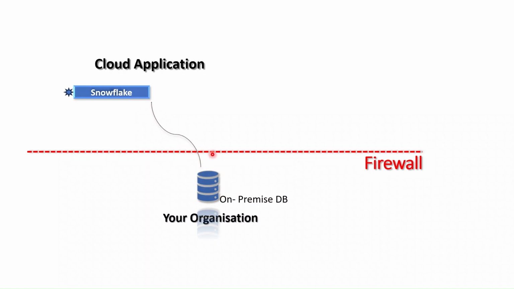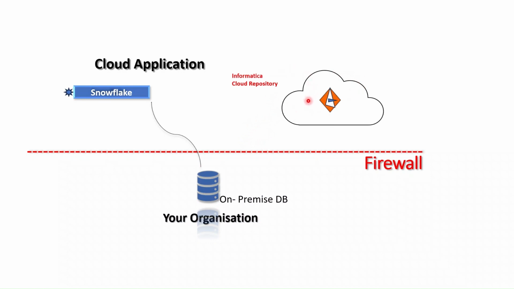Just think, we have established the connection, given the source and target, and built the mapping and also a task. We have done everything, but the entire source and target metadata, the mapping task, and the connections are stored in the Informatica cloud repositories only.